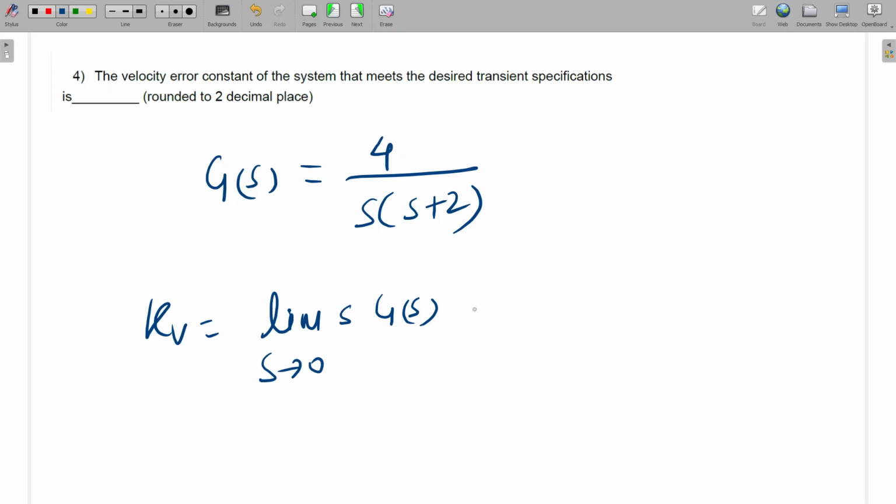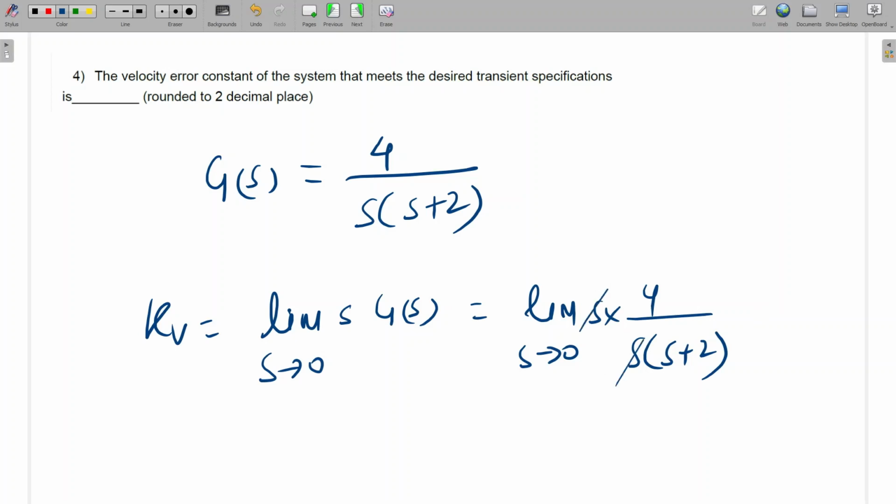So what will be this value? Limit s tends to 0, s into 4 by s into s plus 2. This s will cancel and it will be equal to 2. So for that specification, the velocity error constant will be 2. Is it clear? I think it's simple. All of you know this velocity error constant formula. In the last class, I think I already explained. Should I move to the next question?